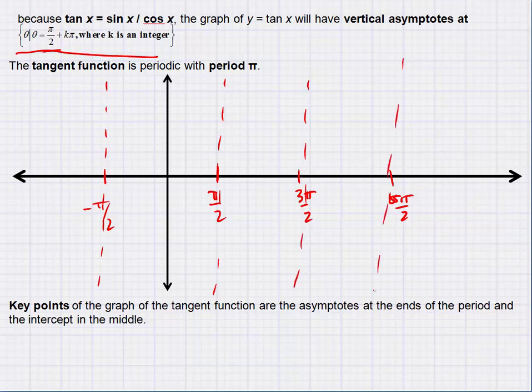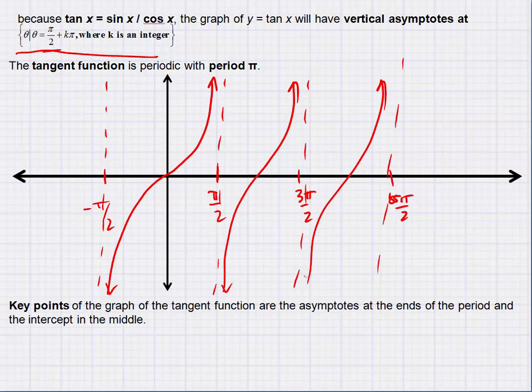My graph doesn't look that great, but it should be equidistant away from one another. What happens is my graph in between those values ends up looking like this. And then it'll repeat itself again and again and again, over and over and over again, infinitely many times.